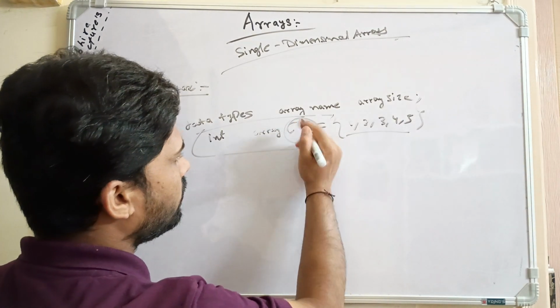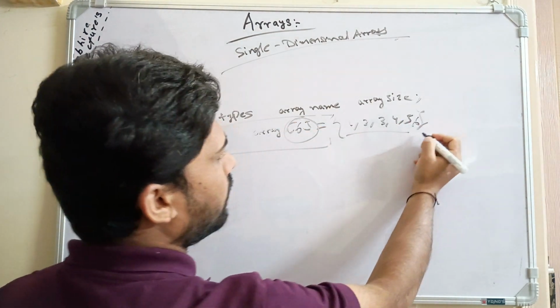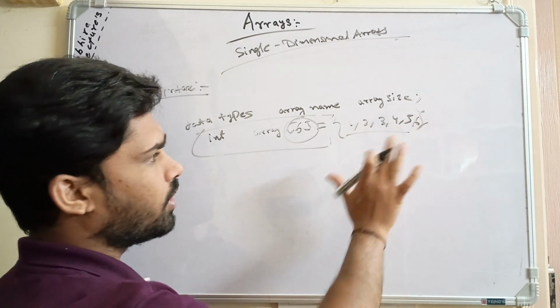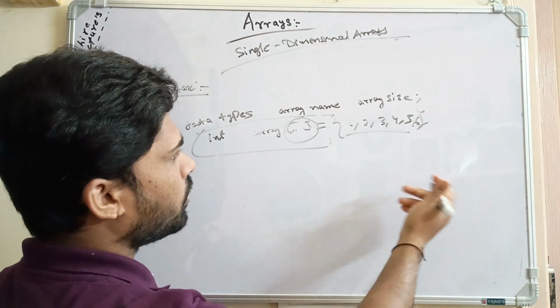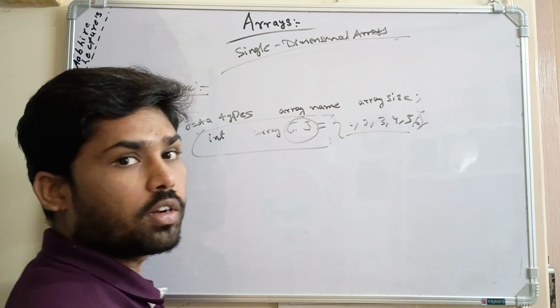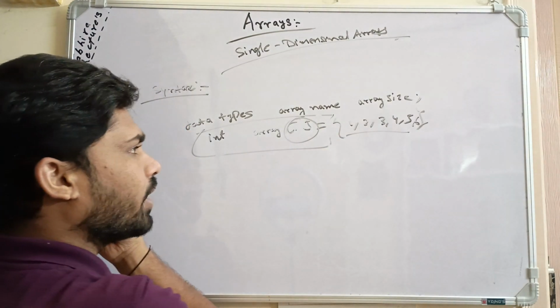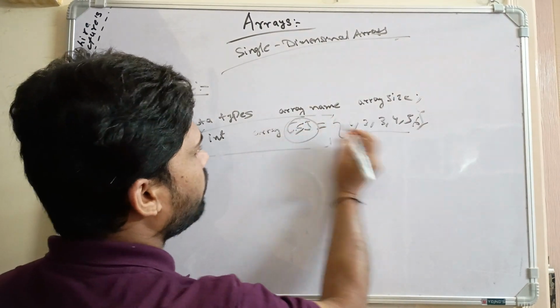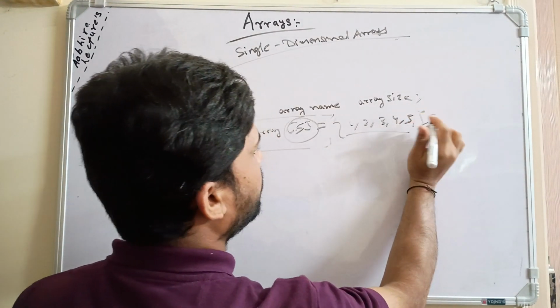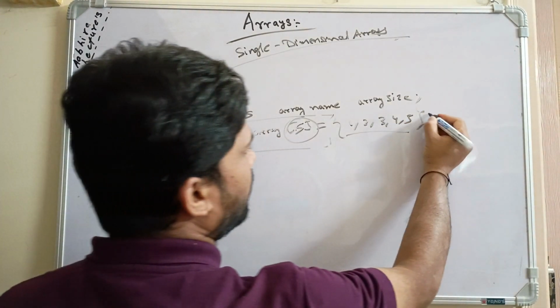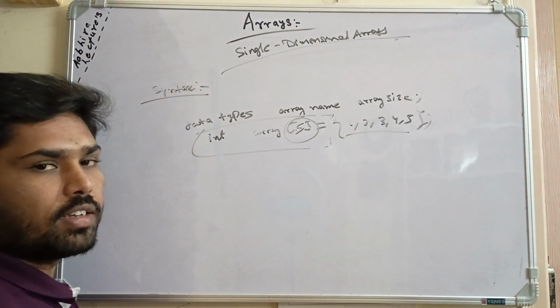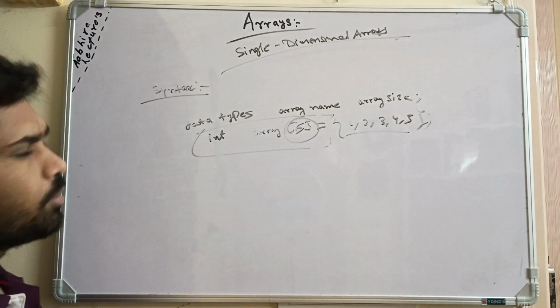If it is 6 I can write 6, any number you can give, I'm just giving an example. Don't think that if I give 6 then I have to write up to 6. Any number you can write, I'm just taking an example. So this is the declaration and initialization of a single dimensional array.